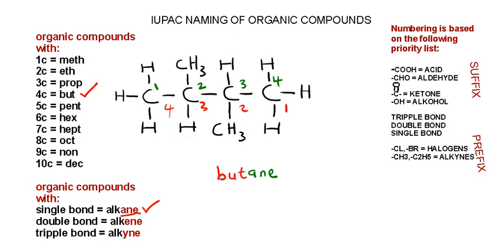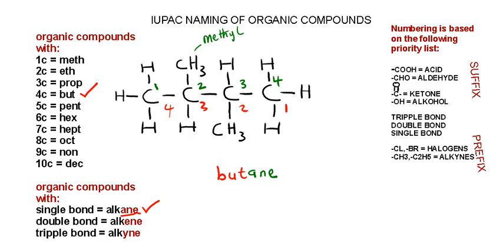This methyl is attached to carbon number 2 in forward direction and carbon number 3 in forward direction, carbon number 2 in backward direction, and carbon number 3 in backward direction. Therefore, we have it as 2,3.